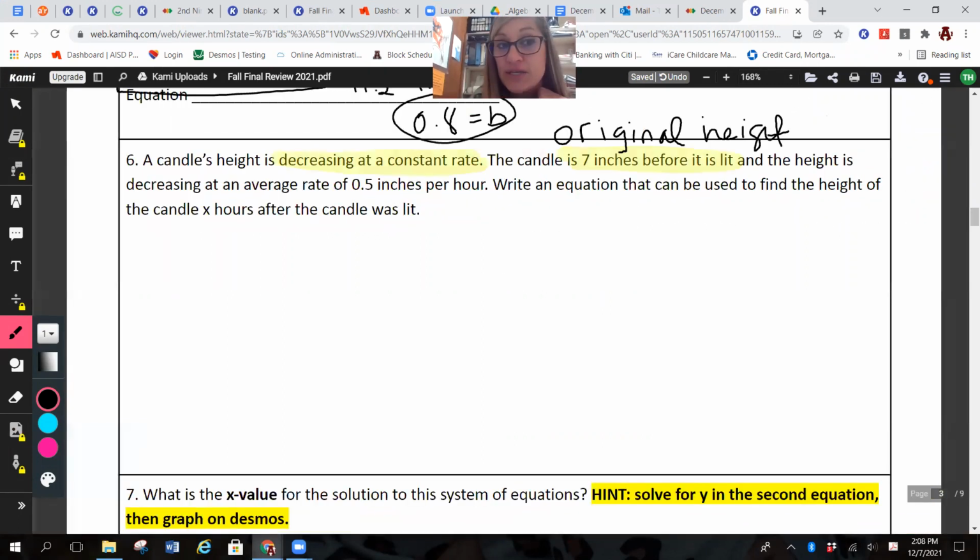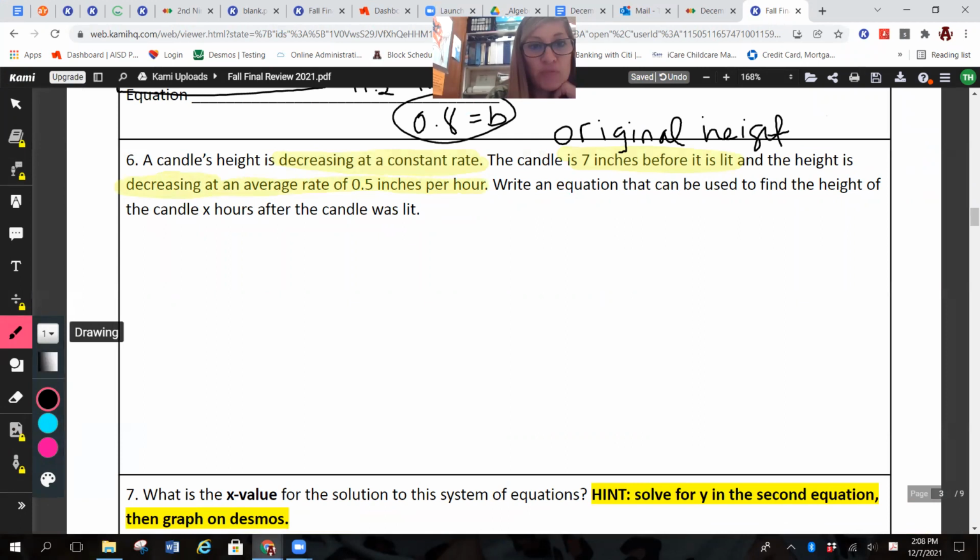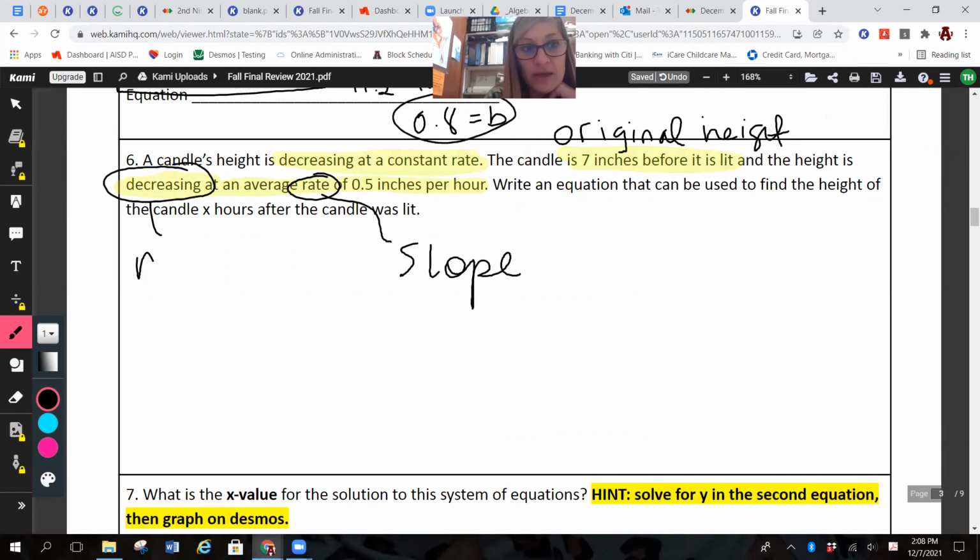Its height is decreasing. What? Decreasing at an average rate. Remember, rate is another word for slope. Decreasing is another way to say negative or subtract.